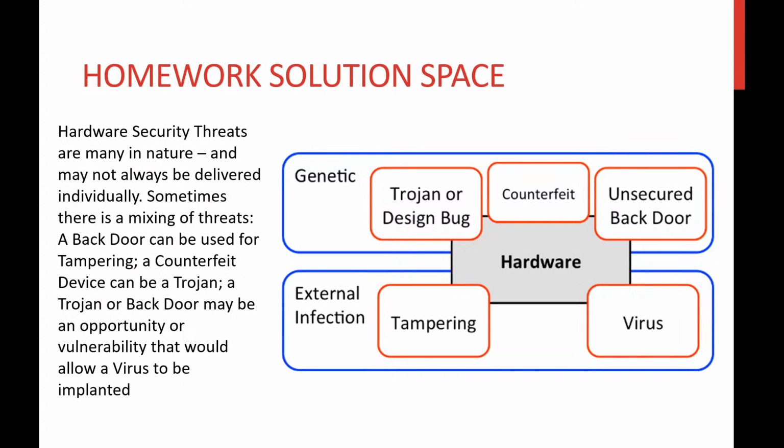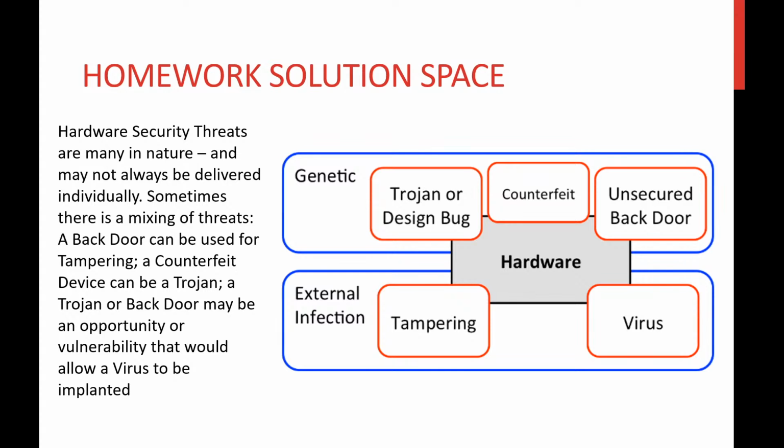So before the introduction of the homework problem and expanding the solutions, here's the threat universe for hardware. The threat universe covers all of the potential security vulnerabilities or breaches associated with hardware, the ICs, the boards, the systems, or the products. Note that they are separated into categories, so this does not mean that they are implemented individually.